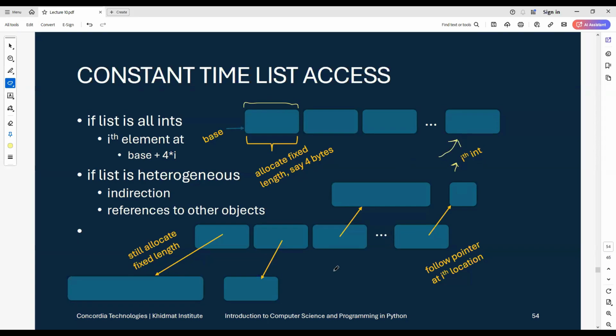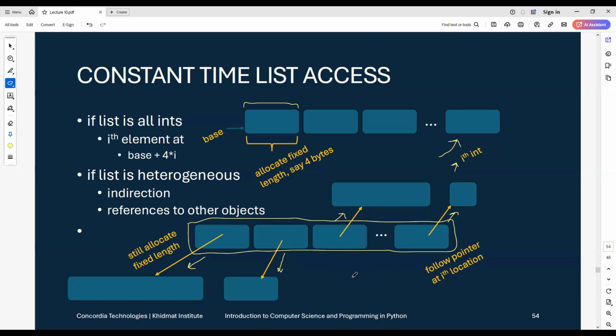But in many cases, lists can have any kind of element within them. A list can also have a list. A list can have a Boolean value, for example, which is represented by just 1 bit, but it could have an integer value or a smaller list in it. The way it is represented is that we still have a list of pointers, which take a very fixed amount of space in memory.